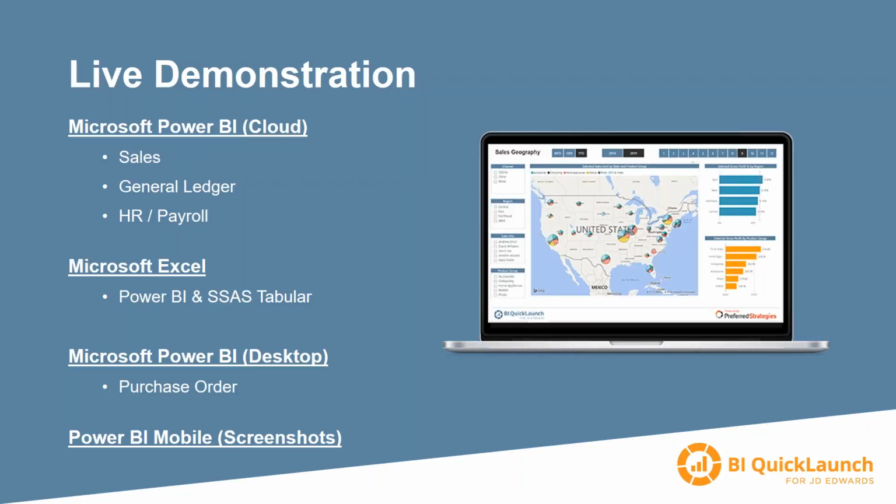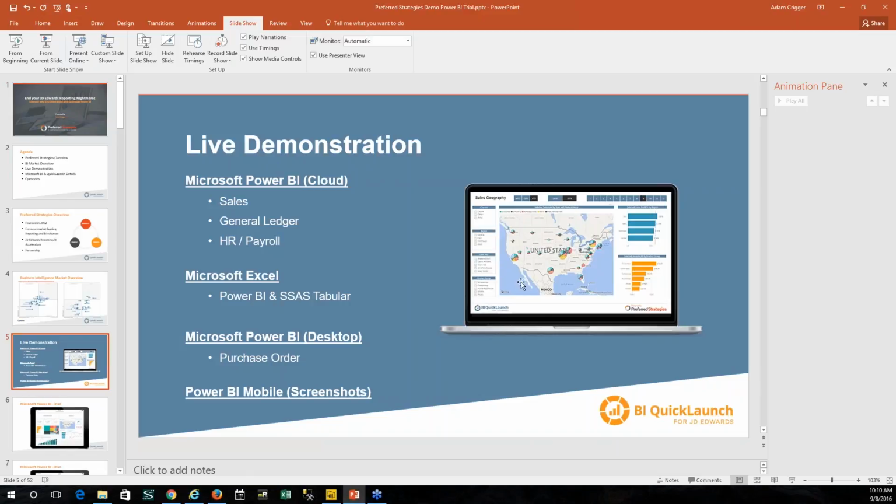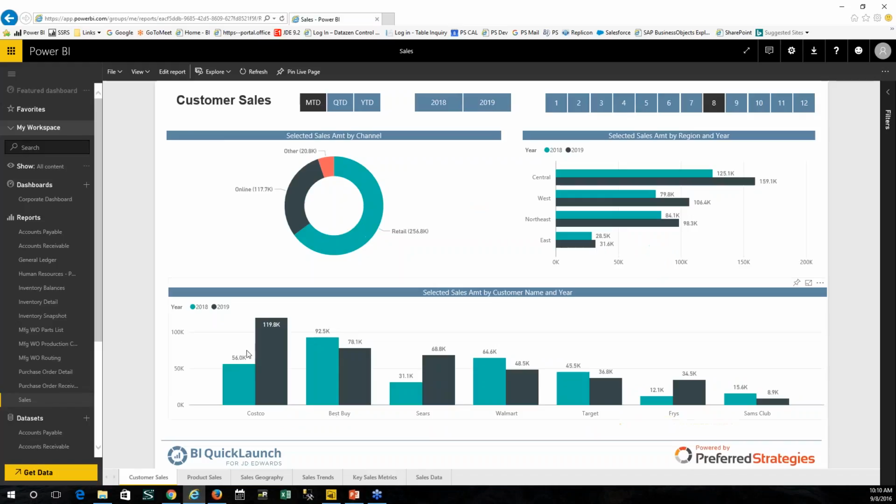Everything you're seeing here in the demo, you could do from a mobile device outside of just true authoring of new reports from scratch. But anything that's already been built, dashboards or reports, you can interact with from a mobile device, just like you'll see over the web. And that being said, let's get started.